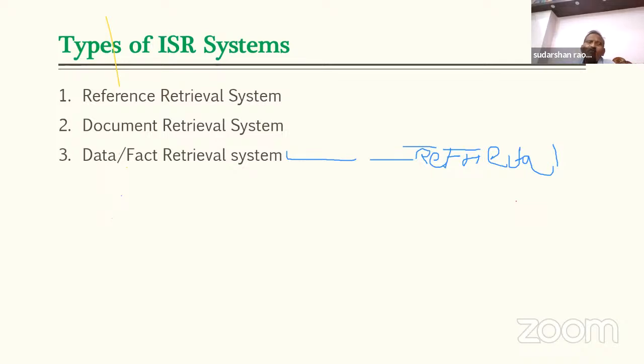The last one, the third one, is the data or fact retrieval system. That means now you are putting in only some stats. So in Adilabad, the population is this much. Women are this many, men are this many, children are this many, educated are these many, uneducated are these many, employed, unemployed, agriculture workers are these many. You have got data there. Statistical numbers are there, isn't it?